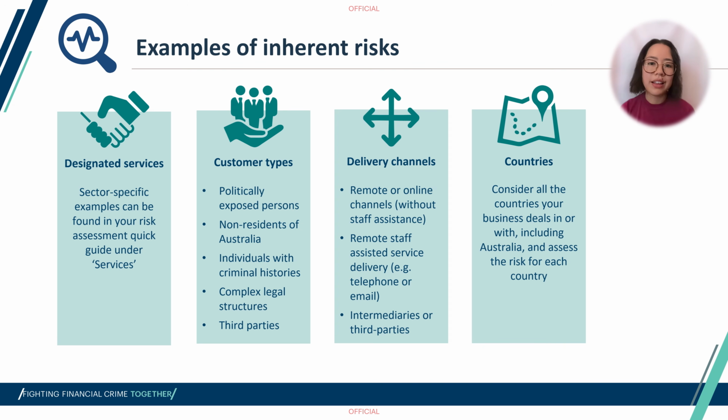You will then need to assess the risk for each country. The core guidance on the AUSTRAC website provides useful information on how you should approach this. Please remember that this is not an exhaustive list, as your risks will vary depending on the nature, size, and complexity of your business.